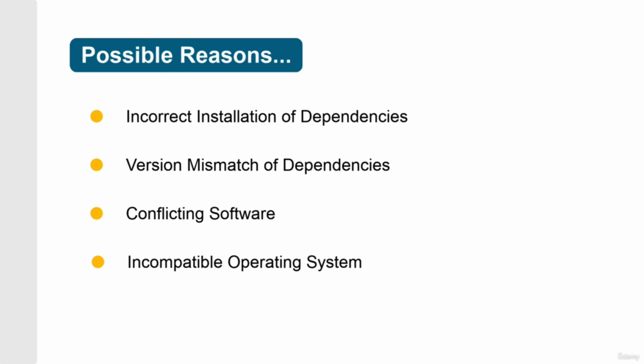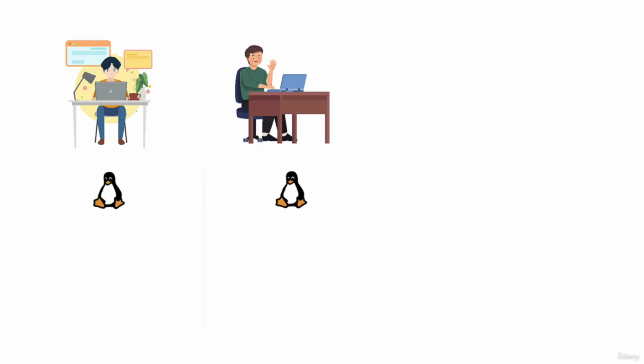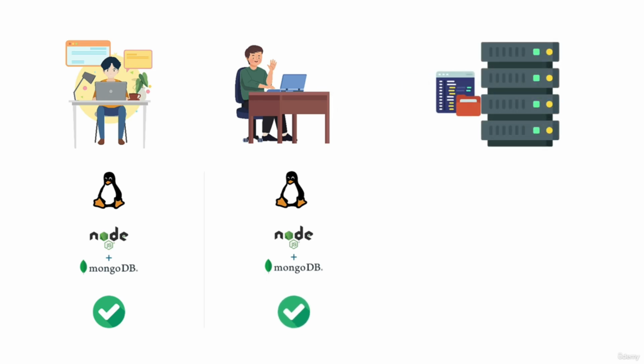Alright, now let's talk about the disaster. What if Adam had the same operating system as you and also had the correct set of dependencies installed on his machine? What if the code ran flawlessly on both your machine and Adam's machine? What would have happened? Adam would have sent it for production deployment, right? But what's the guarantee that it would work on the production server?